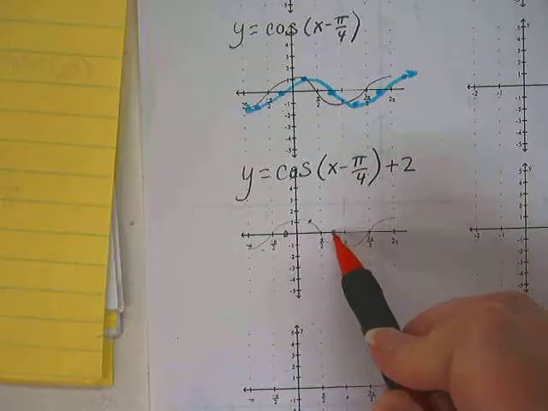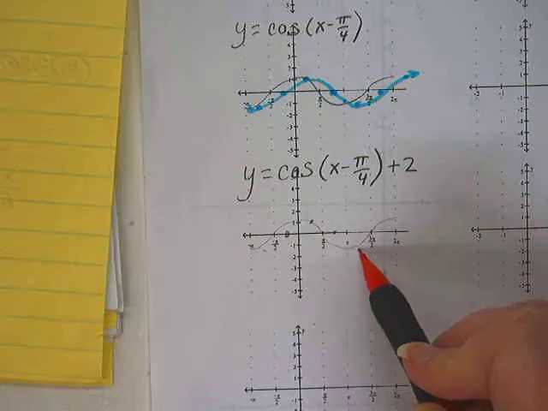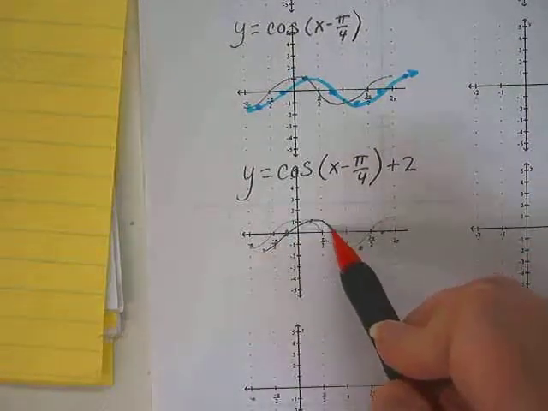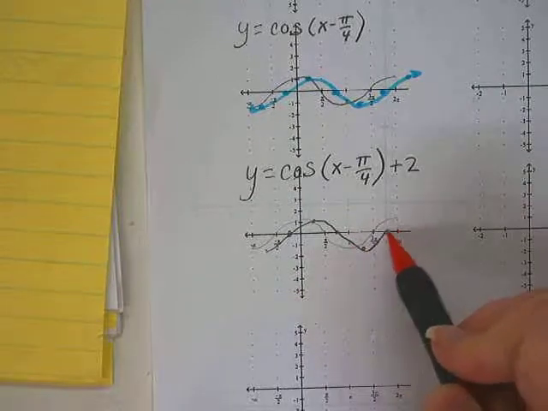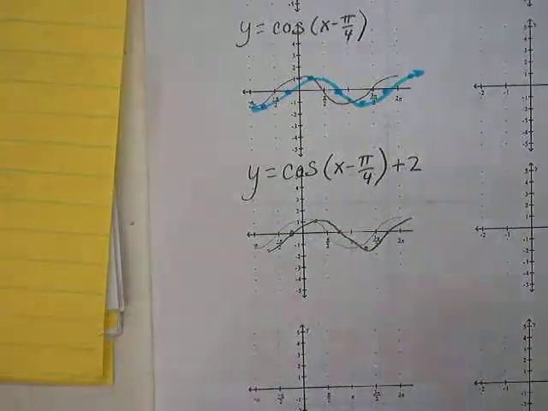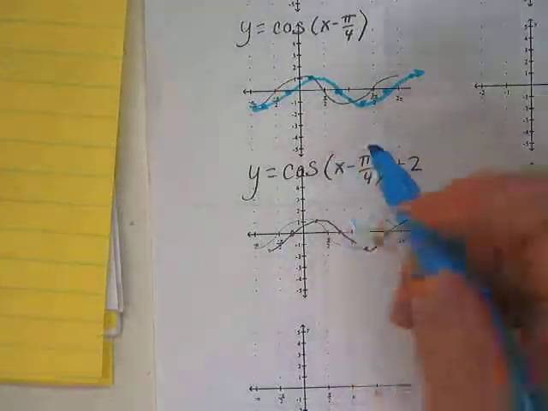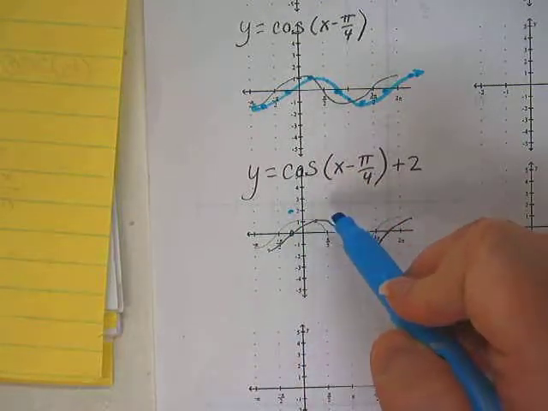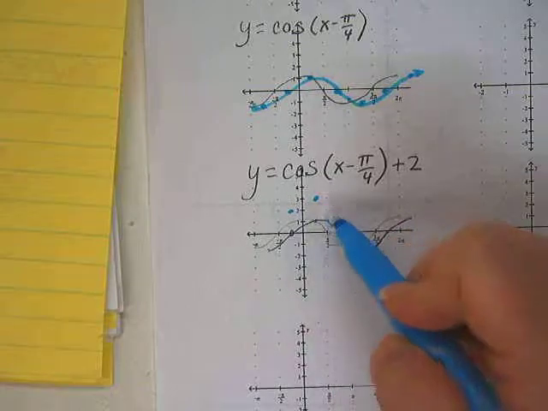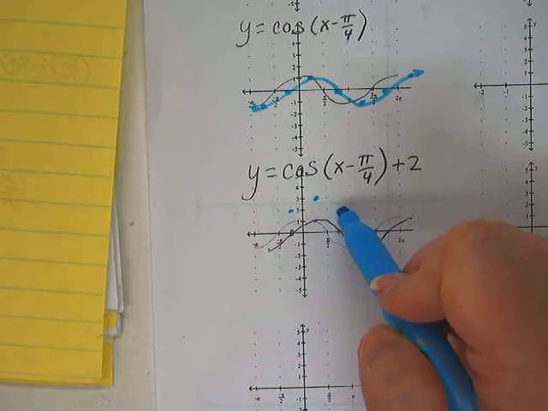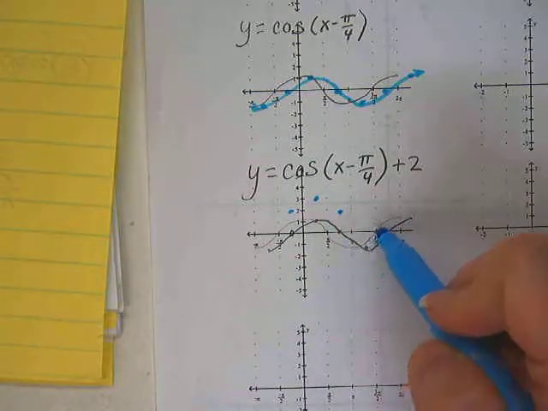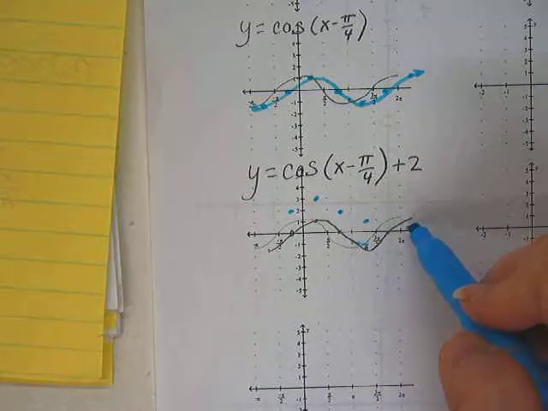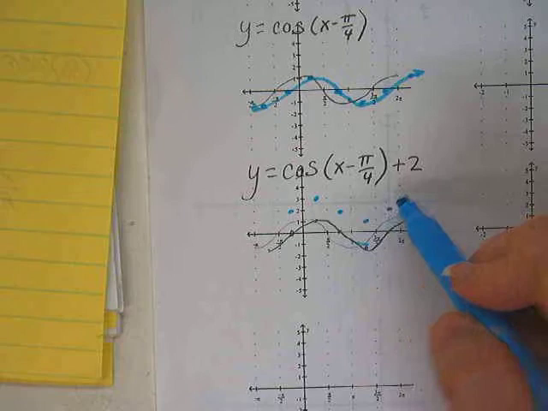So typically what I would do when I'm doing something like this is graph it in steps. So there's the cosine graph. And then I would move all of those points over and shift it to do the phase shift, right? So there's the phase shift. And then I would do the vertical shift. So that entire thing, all of those key points are moved up 2.